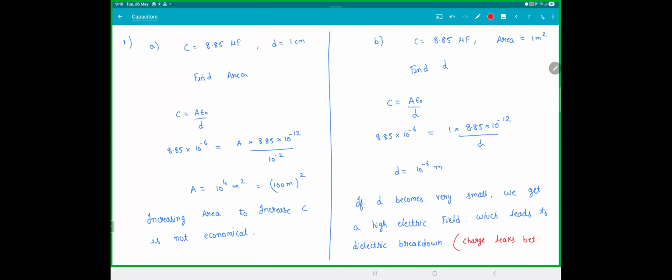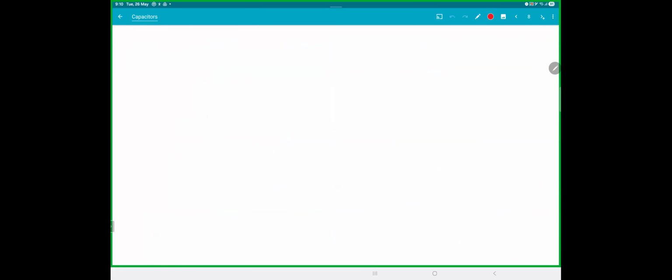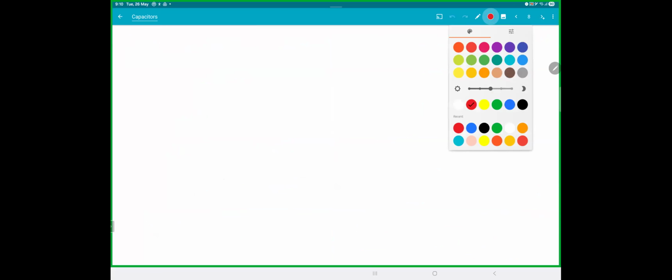Charge leaks between the plates. Sparks are not a good idea. So what's happening here exactly? What is this phenomenon? Dielectric breakdown. So again, we are hearing a new terminology now.